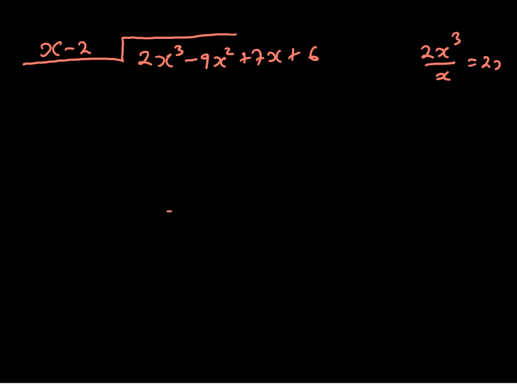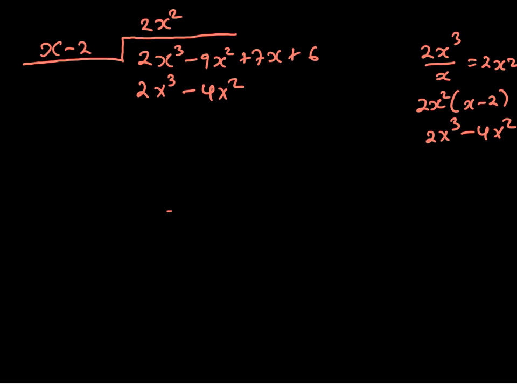This gives us 2x squared. Now the 2x squared multiplied through by x minus 2 gives us 2x cubed minus 4x squared.